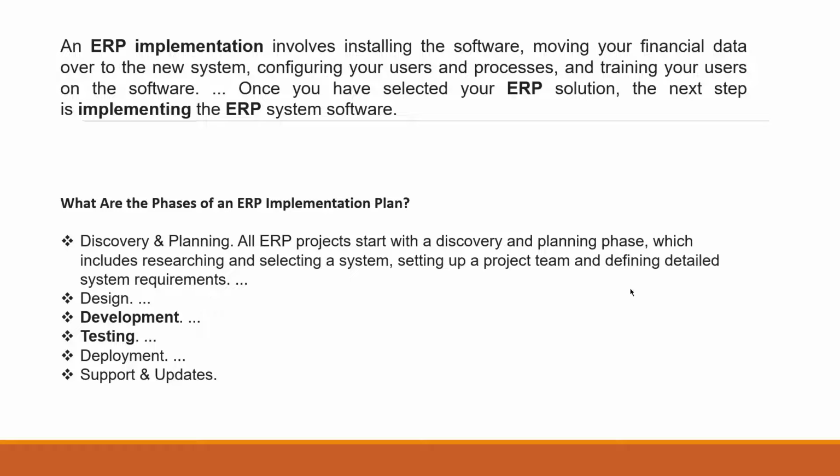Then the first thing is we start doing the system requirements. Why do we need to do this? First, we will understand their current process, means how they are currently creating the journals, how they are creating the invoices, how they are making the payments.